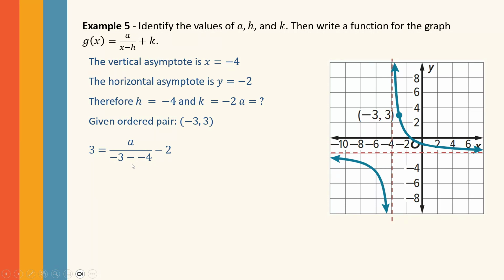So -3, this we could think of minusing a negative as adding a positive. So we have -3 plus 4, which is 1. And then I would add 2 to both sides, so we get 5 equals a. And then we can write our equation. G of x equals 5 over x plus 4 minus 2.